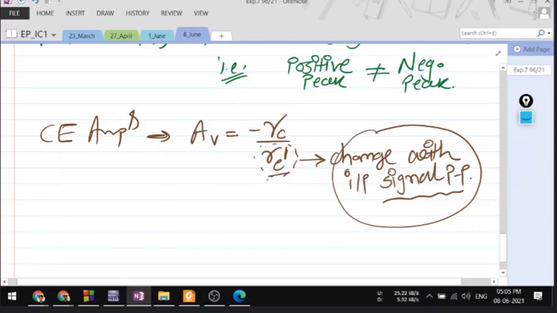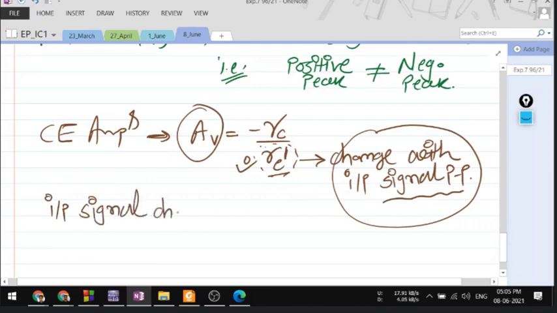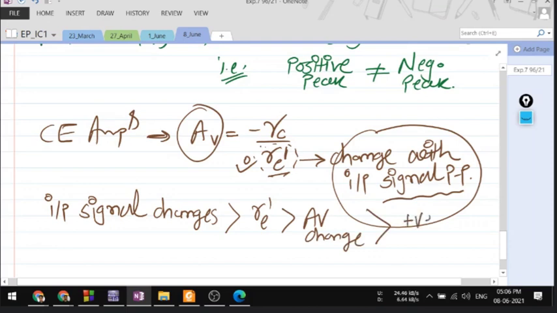So you are changing the input signal peak to peak, and due to this RE dash variation, you will get a variation in the gain, right? As the input signal changes, your RE dash changes, and as RE dash changes, your gain changes, and as a result, you will get positive and negative peak not equal.